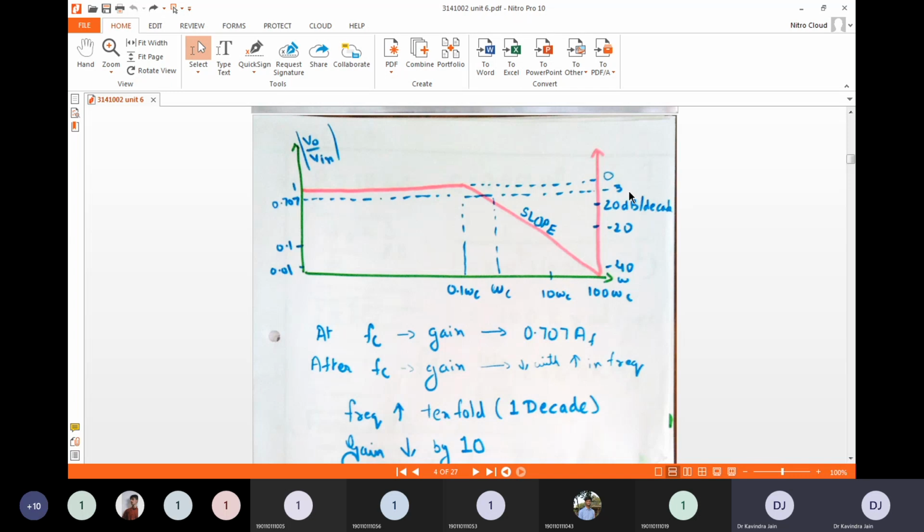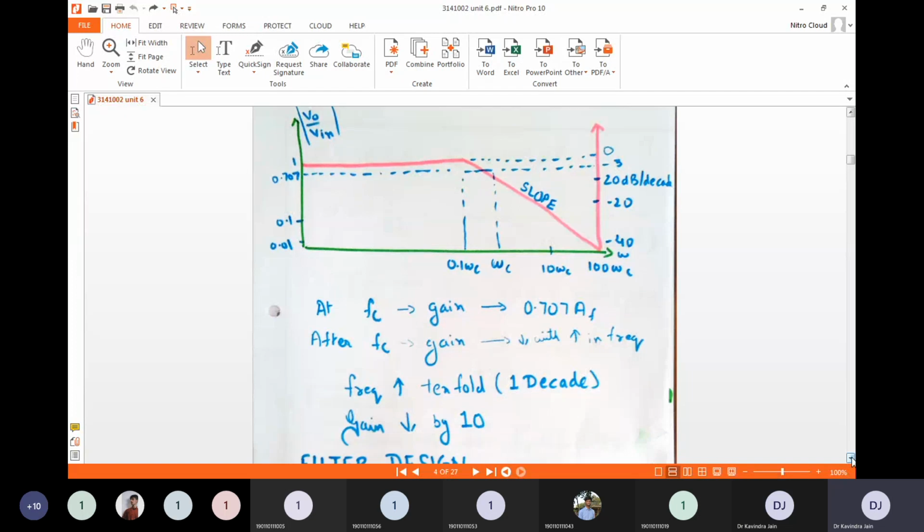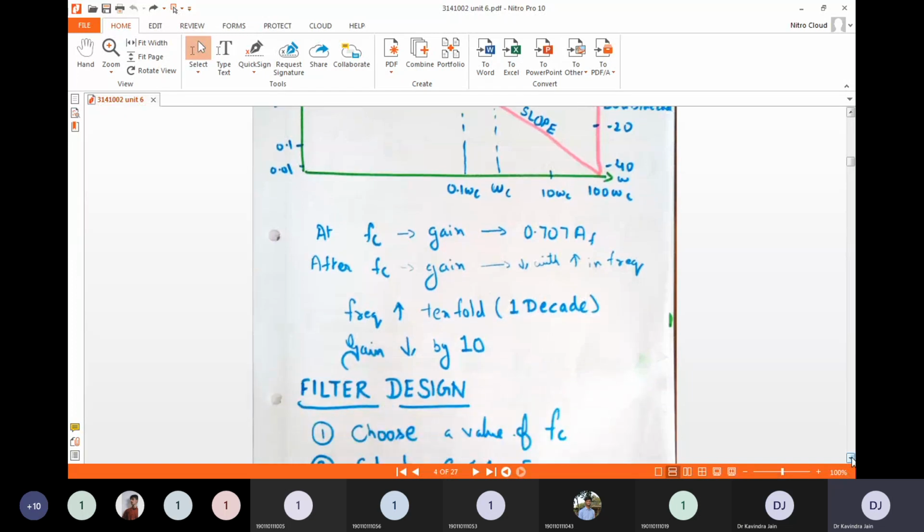FC is the cutoff frequency. So the first step for designing a filter is to choose a value of high cutoff frequency, that is FC. Getting my point? Can I proceed?